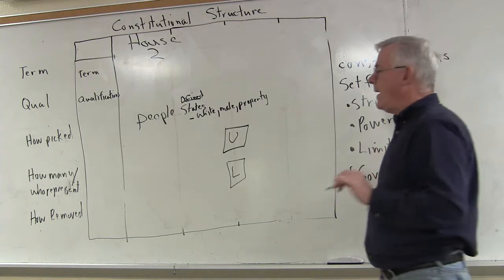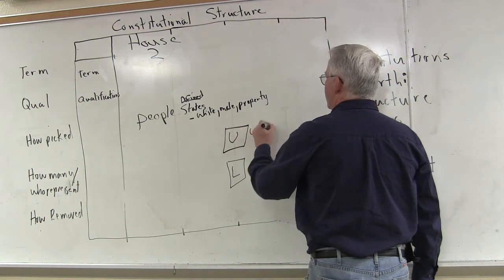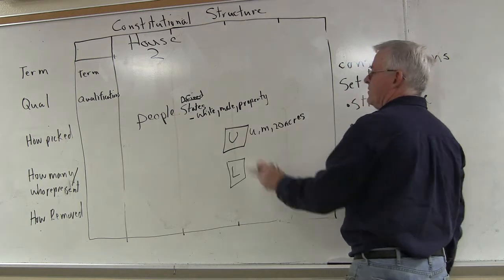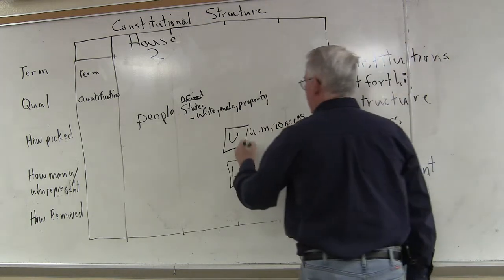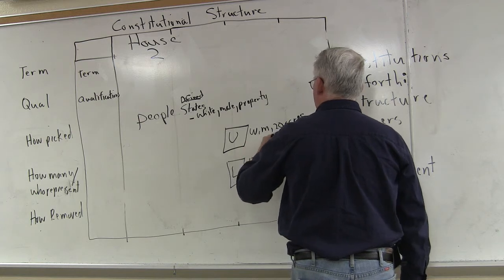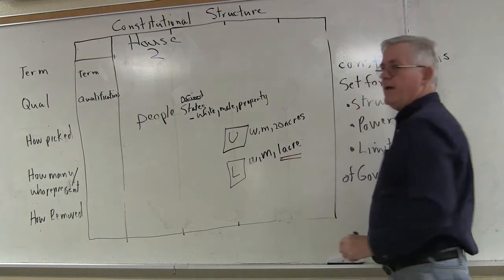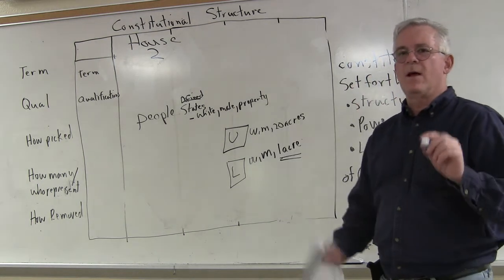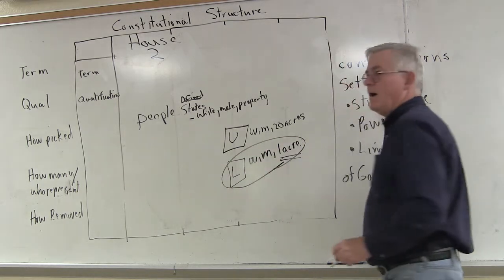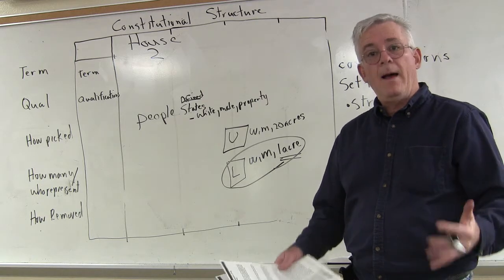and if you had requirements such as white, male, and you had to own 20 acres to vote for the upper house, but for the lower house, you had to be a white male but you only had to own 1 acre to vote, then the Constitution says for the House of Representatives, these are the requirements that you have to use for the election of members of the House.